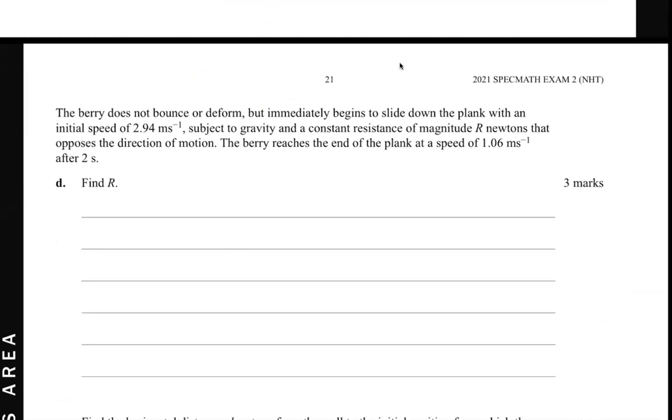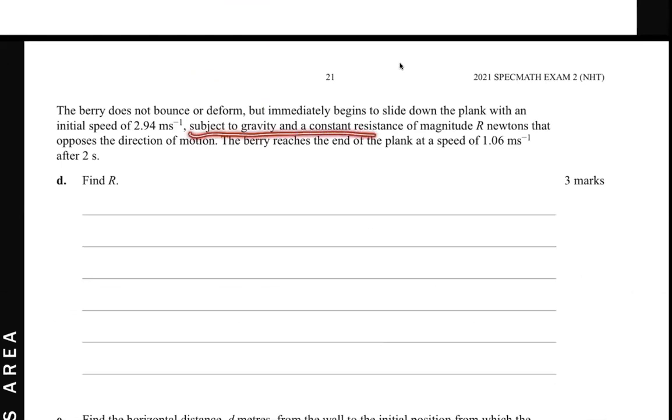The berry does not bounce or deform, but immediately begins to slide down the plank with an initial speed of 2.94 meters per second, subject to gravity and a constant resistance of magnitude R newtons. Okay, it's a friction force, R newtons, that opposes the direction of motion. The berry reaches the end of the plank at a speed of 1.06 meters per second after 2 seconds.